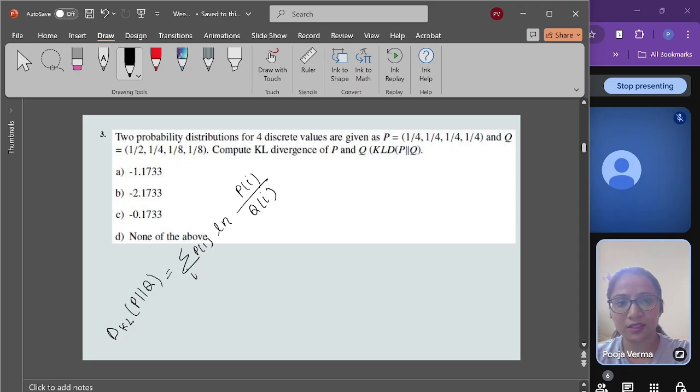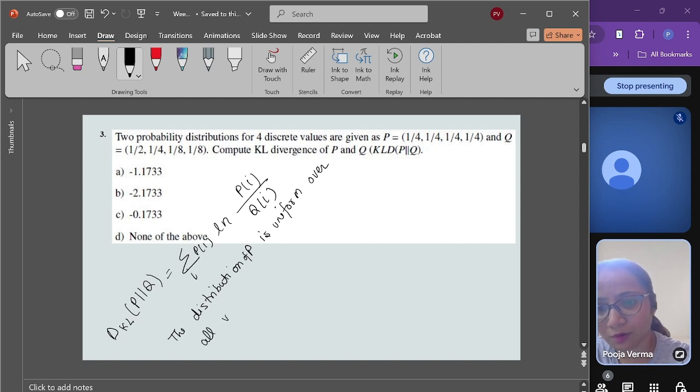So here we can see that P has an equal distribution for all, right? So the distribution of P is uniform over all values, right?